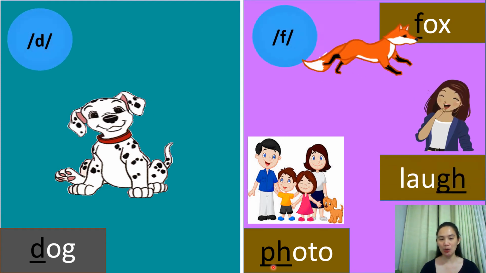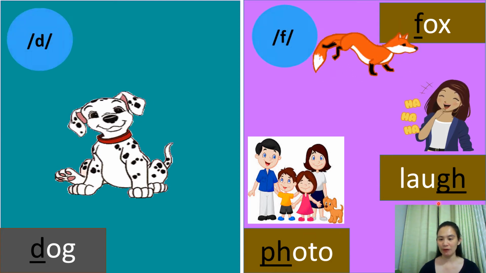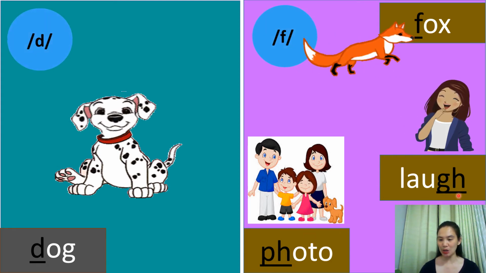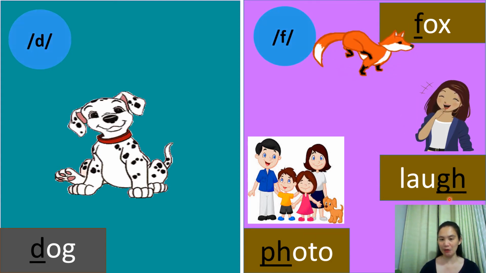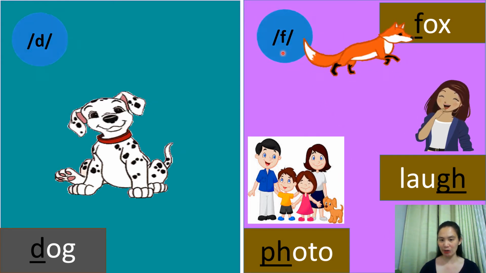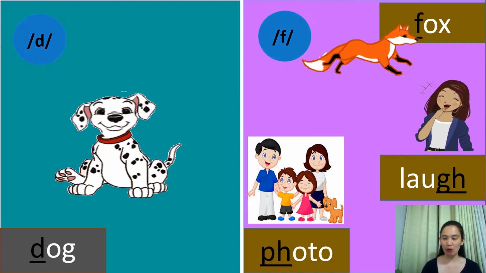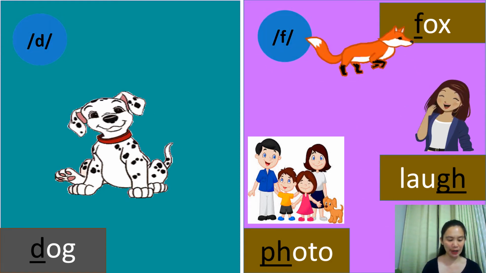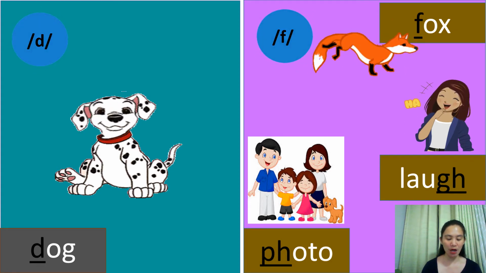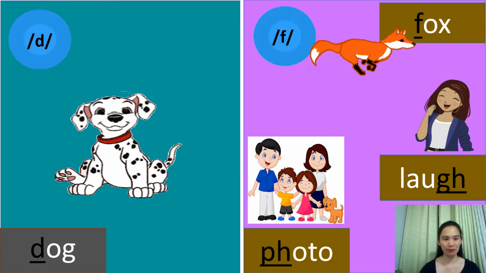Same sound can also be heard in the word like laugh. The digraph GH at the end of the word laugh can sound like F. It can also be heard in words like cuff, tough, and other words with GH.